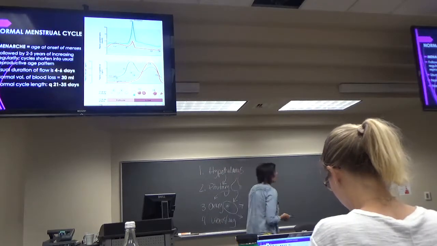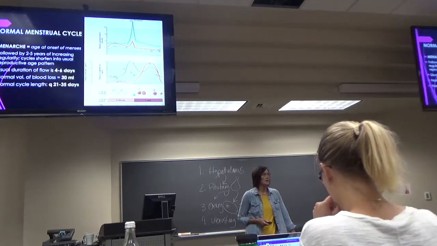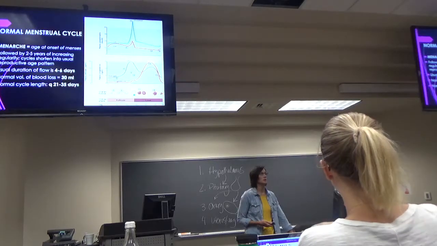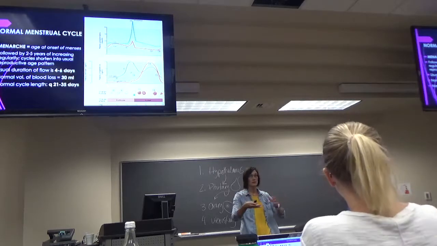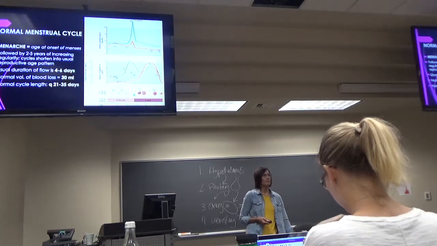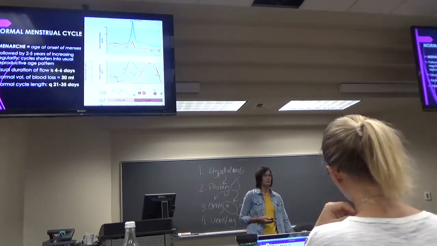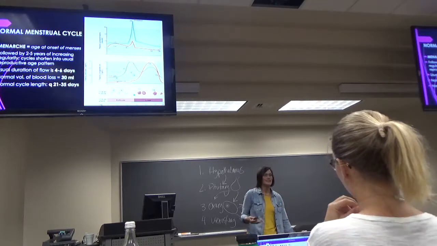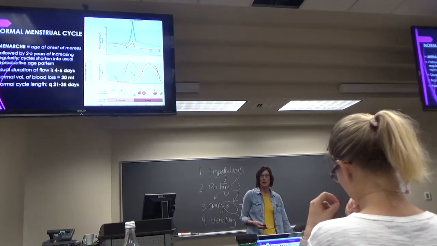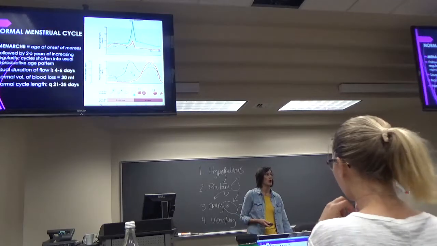A normal flow duration is usually 4 to 6 days, but it could be 3 for some patients, it could be 7, so this is just an average. Volume of blood loss, again, we've talked about how you ask that when you're taking an HPI. You just need to ask how many times you're running through whatever feminine product you use.